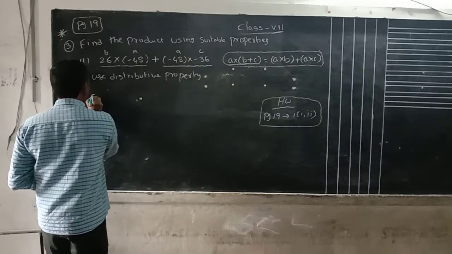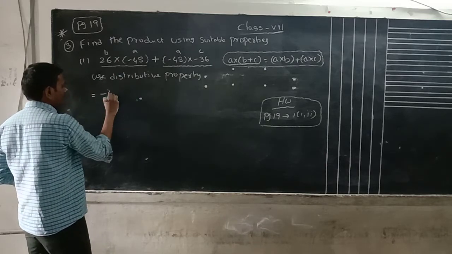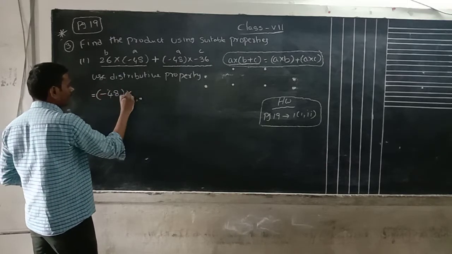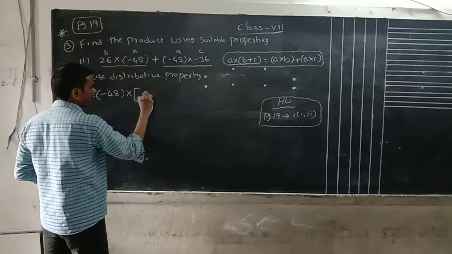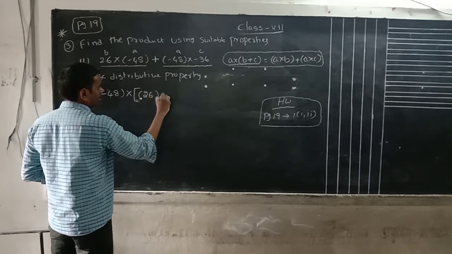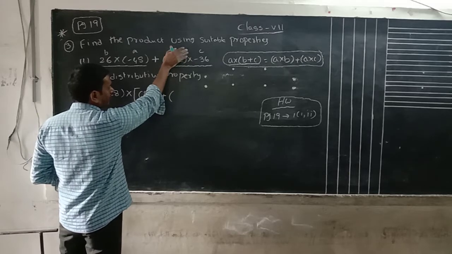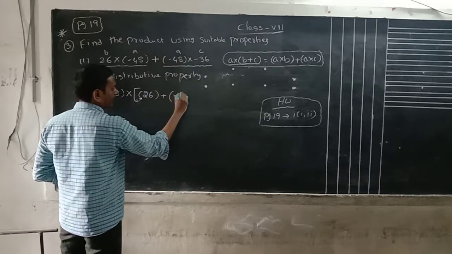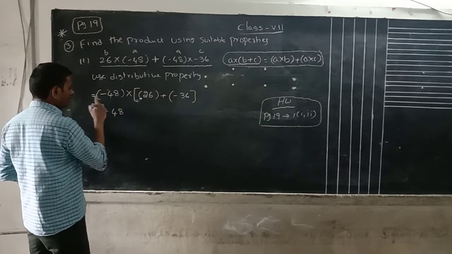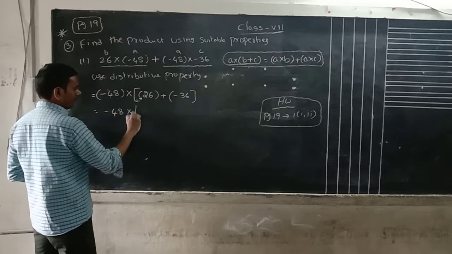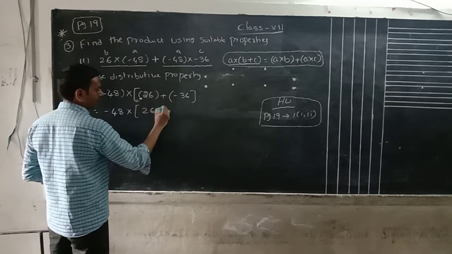We have to take minus 48 outside of the bracket. What is remaining here? By removing this one, 26 plus what is remaining? By removing minus 48 again, minus 36 is remaining. Now simplify: minus 48 into the bracket of 26 plus minus 36.